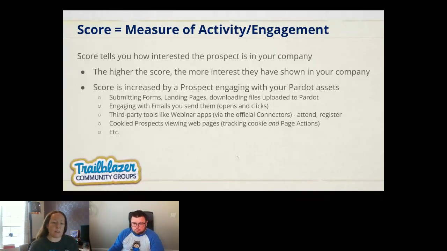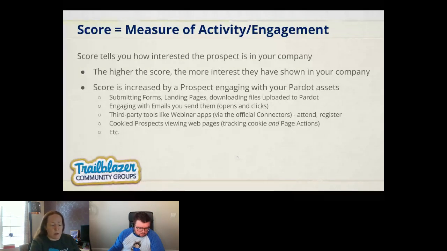Those assets are things like your website forms, landing pages, and PDFs you've uploaded to Pardot and stored there. Cookied prospects who download those files get points for them. Opening and clicking tracked links in Pardot emails you send them also adds points. If you do webinars, you can connect the official webinar connectors like WebEx, GoToWebinar, and ReadyTalk, and those official connectors can add points.